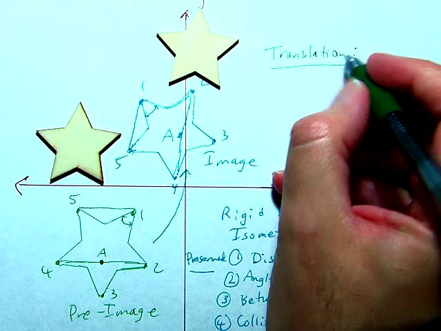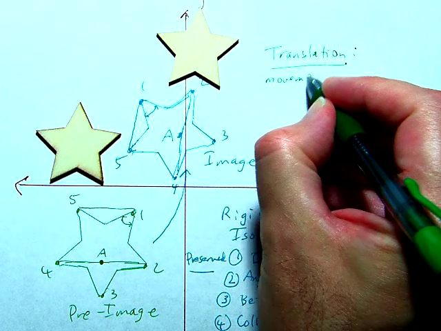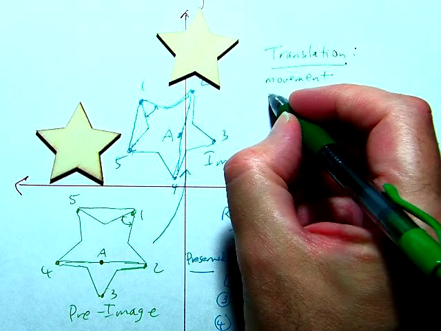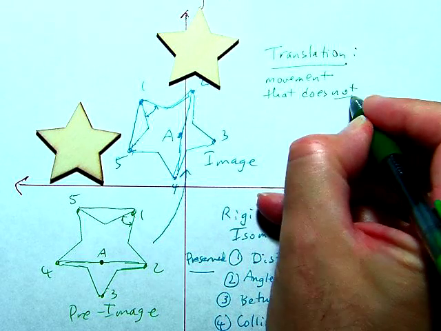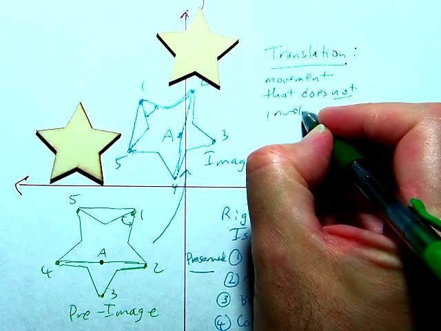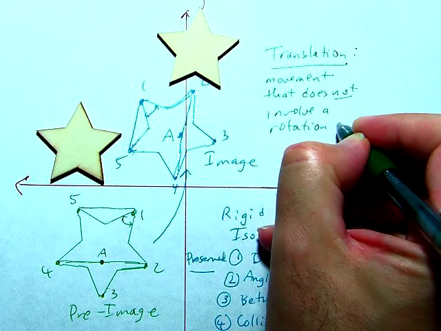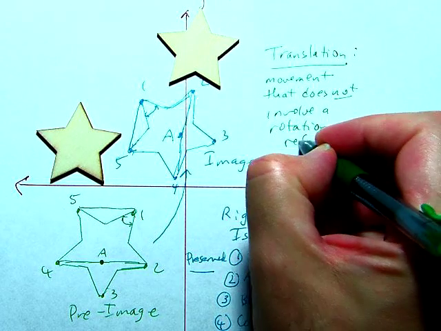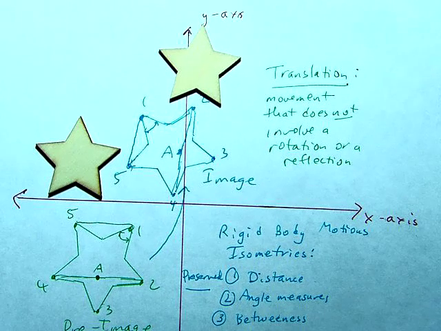A translation is a movement that does not involve a rotation or a reflection. So, in many ways, it's a very plain movement.